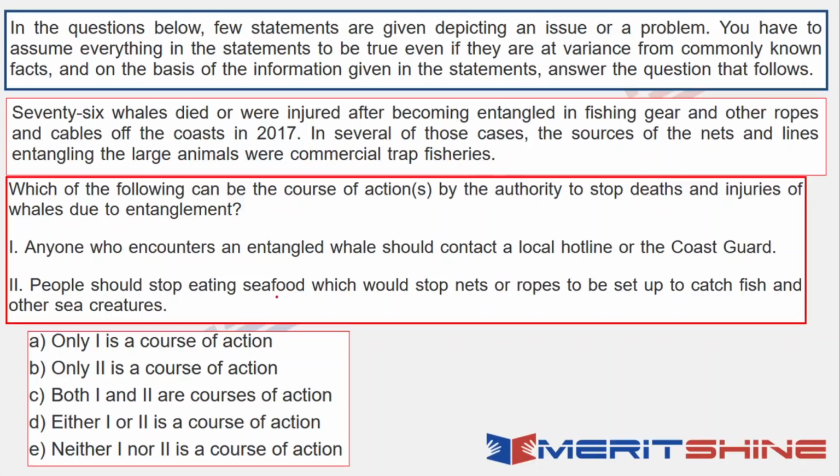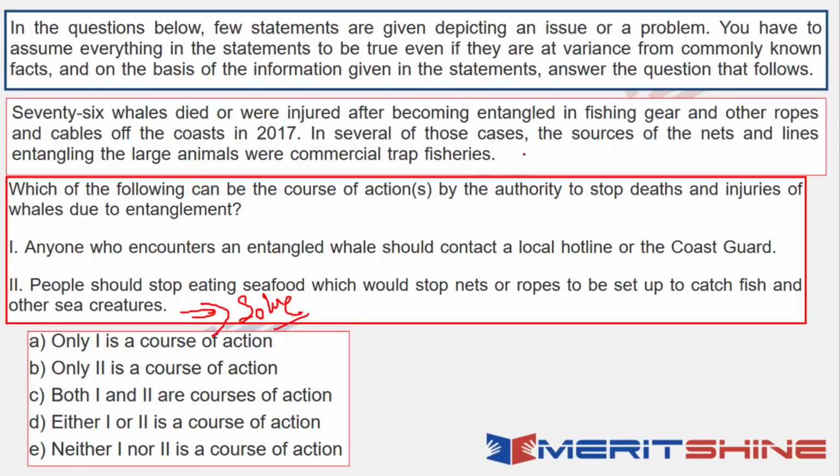People should stop eating seafood which would stop nets or ropes set up to catch fish and other sea creatures. Now, this is one of those examples where students make mistakes. Apparently, this would solve the problem, whales would not get caught in nets.